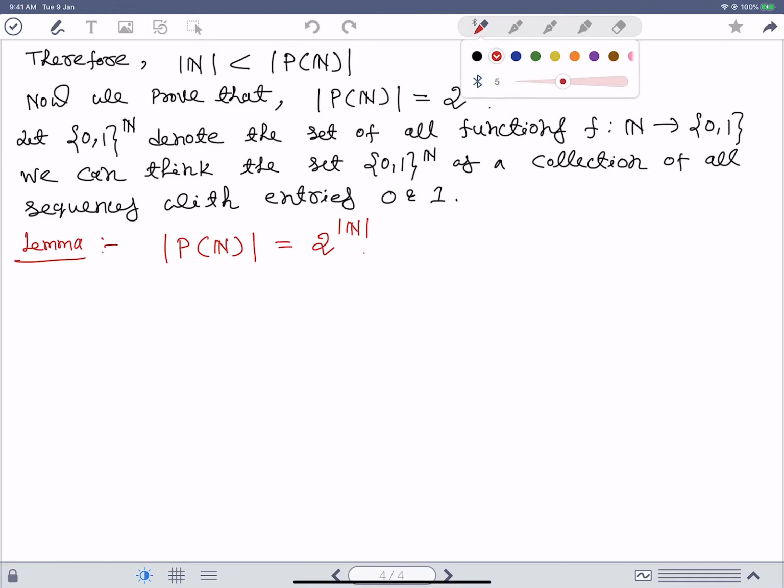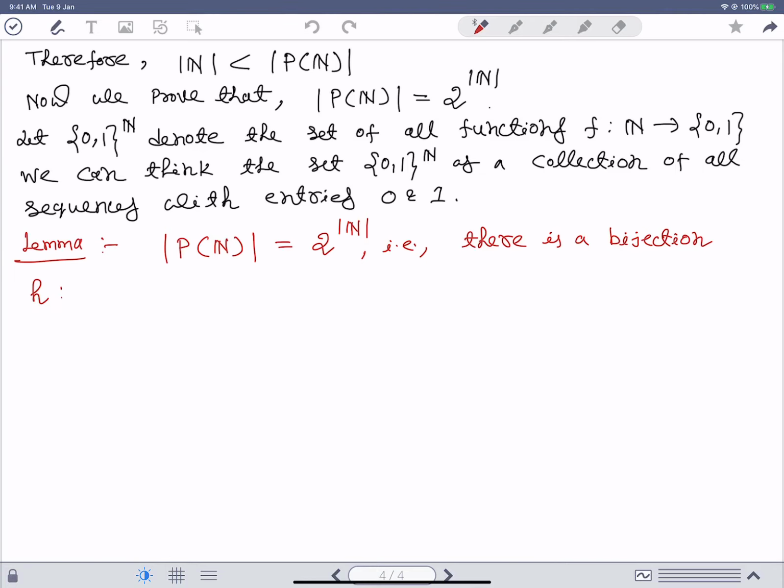Or in other words, we will prove that there is a bijection H from the set Pn to this collection of functions f from n to {0,1}. Okay. Now here is the proof.